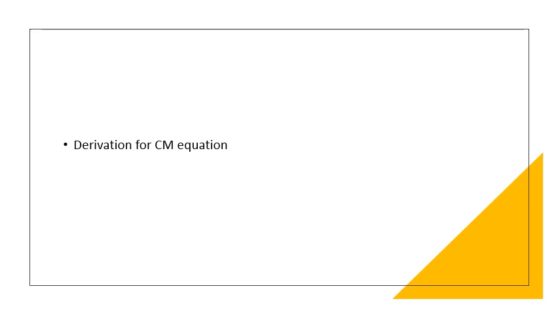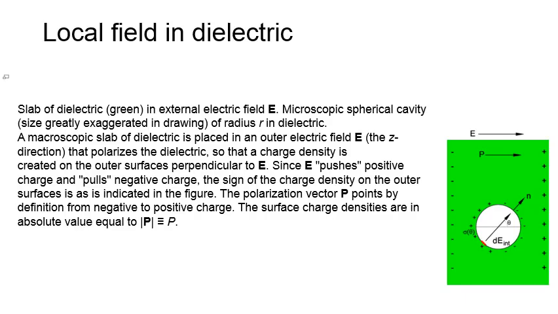Now we will discuss the derivation of the CM equation, that is, how the CM equation can be derived mathematically. The concept of the CM relation is based on local field in a dielectric.